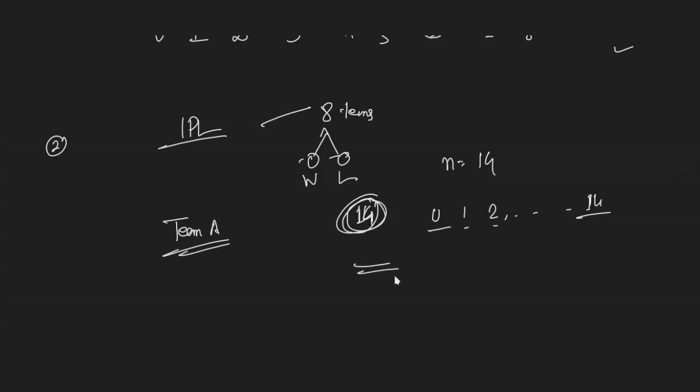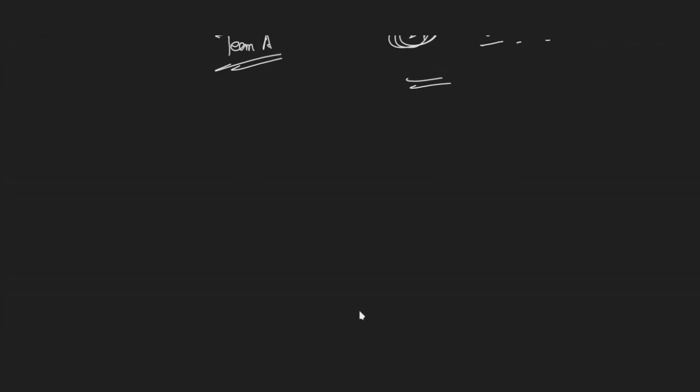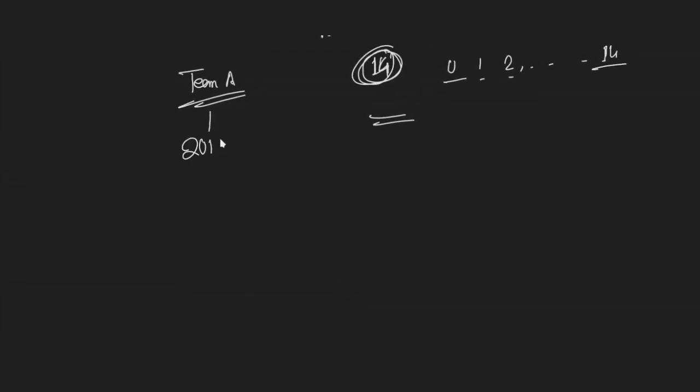This is an example of binomial distribution. Now we know n equal to 14. The only thing not known is the probability of success, which you can find out using past records. Suppose we take a particular team, team A, and look at its performance in the IPL seasons since 2019: out of the games it played, how many it won.